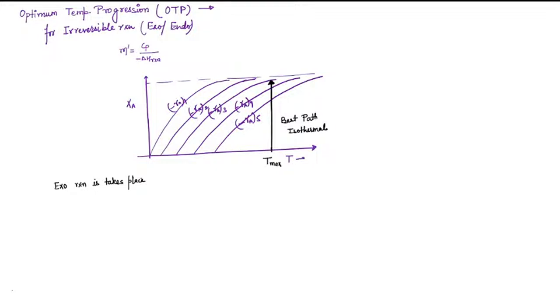So sir, the temperature inside the reactor will increase. What is the best path? That temperature should be the maximum temperature, which is at the inlet. Then in this case, what will you do if an exothermic reaction is taking place? Tell me, what will you do?